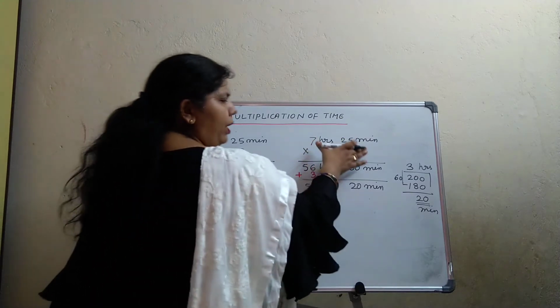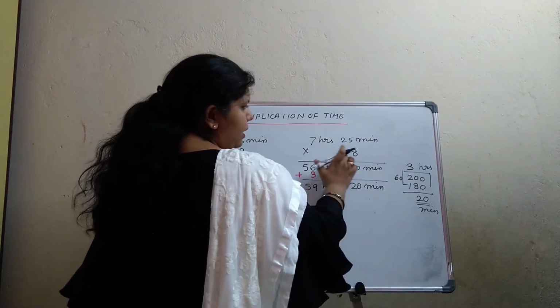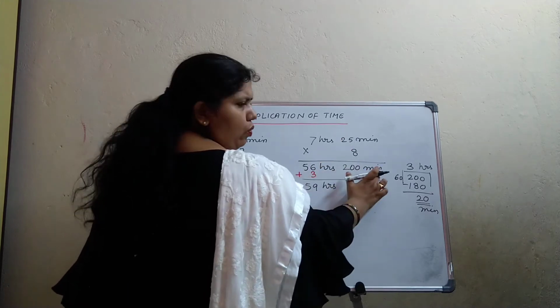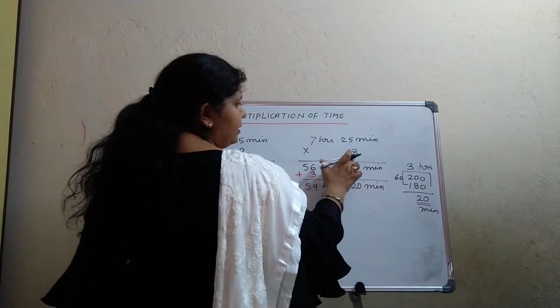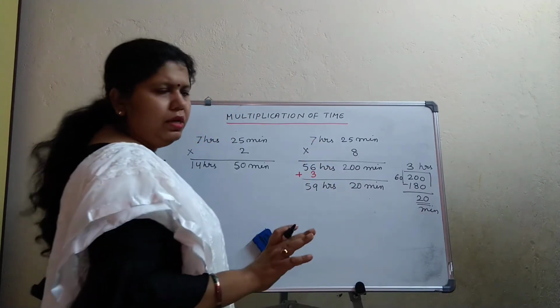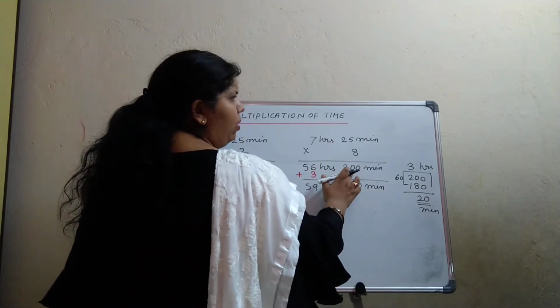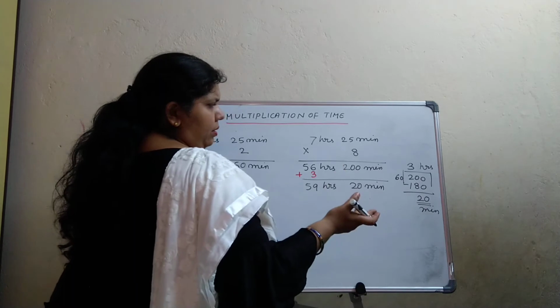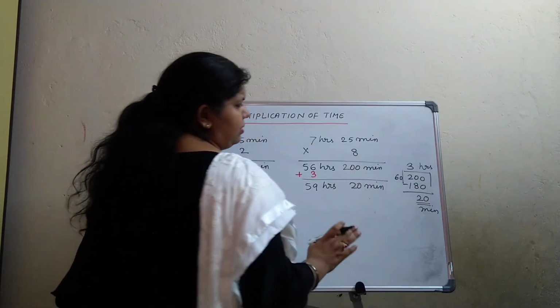See, normally we start by multiplying the minutes first. So 25 into 8, we got 200 minutes here. Then we multiplied the hours part with the same multiplier 8. 8 sevens are 56 hours we got. Now what have we done? We have converted this minutes into hours and minutes. How? We divided 200 by 60.